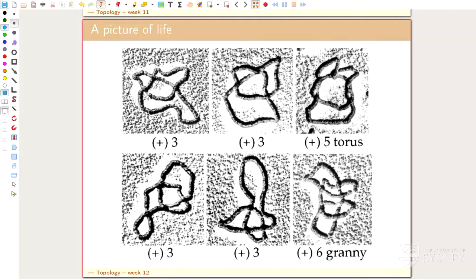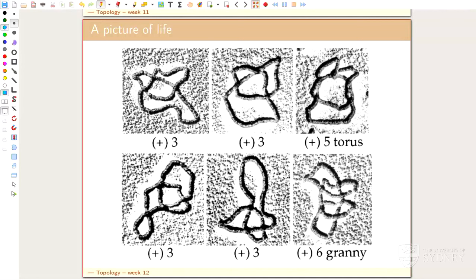So maybe you can actually see that this one here was the one from my video. Kind of looks like it. So the DNA forms knots, and it turns out that most of the properties of DNA are encoded in how it knots itself. And similar for proteins, proteins form knots, and most of the properties of proteins are really encoded in how they sit in space. And that's exactly what we want to study, how those things sit in space.